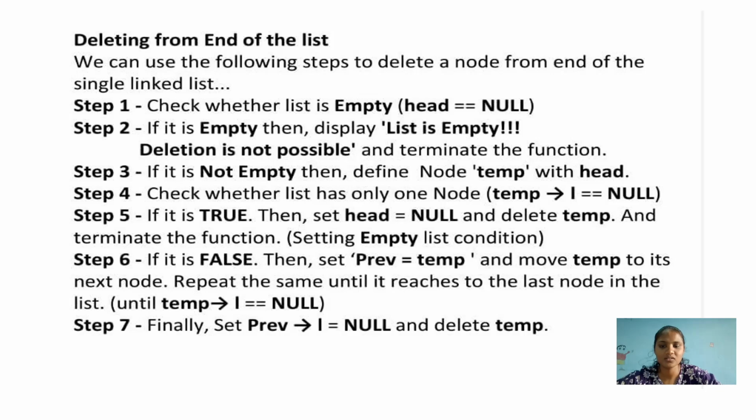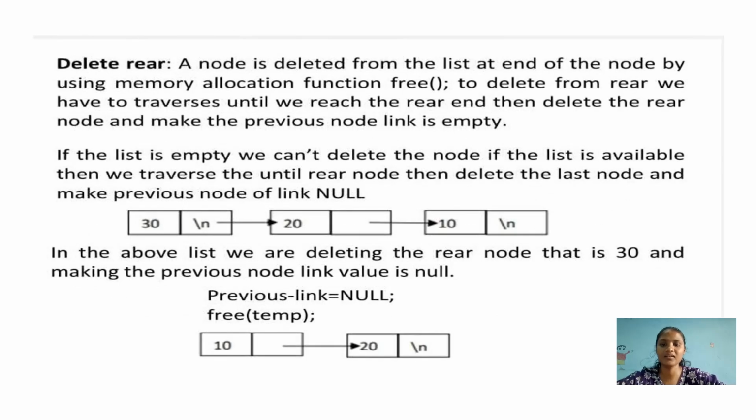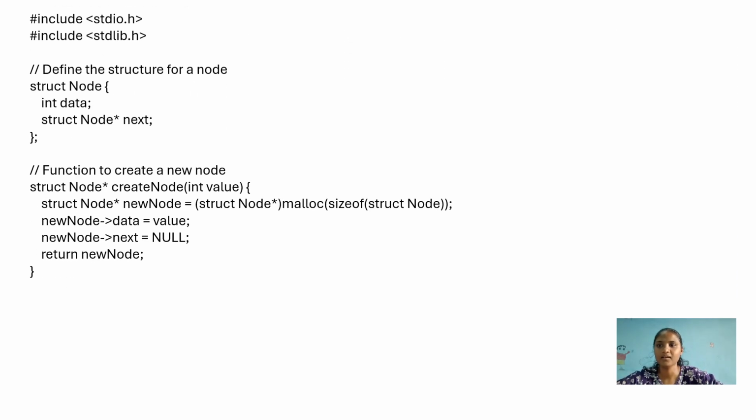So when we find the last node, we make previous of link part equal to null, and we can delete the node. Now here is an example program showing how we can perform the operations of insertion and deletion in a linked list.